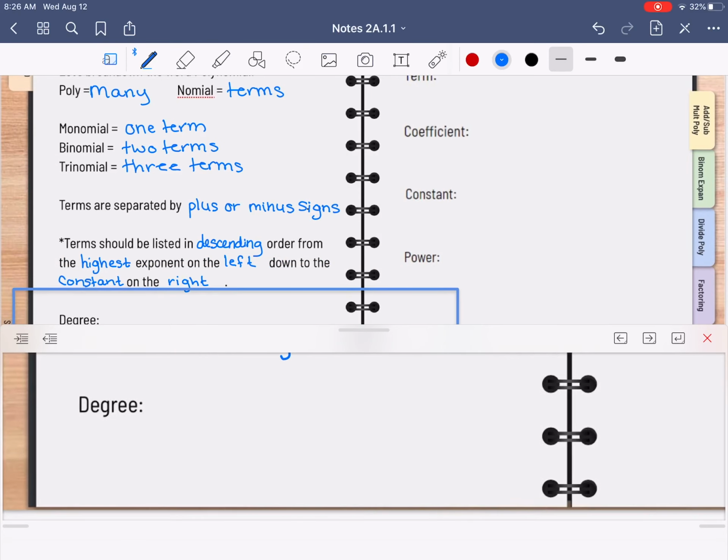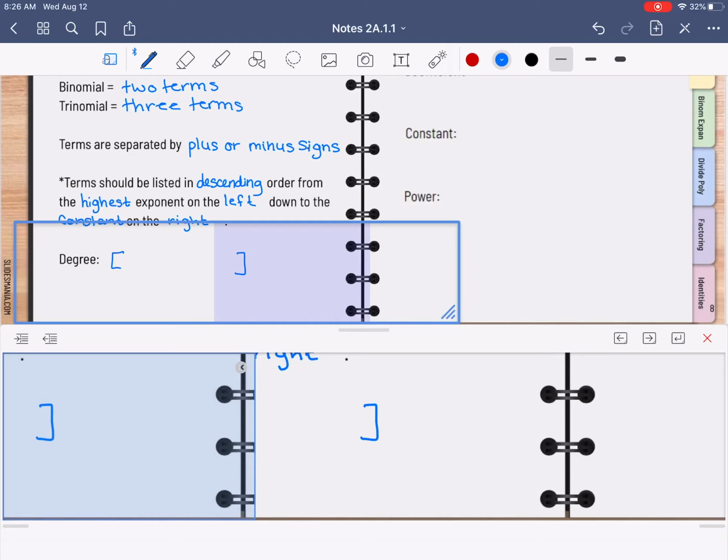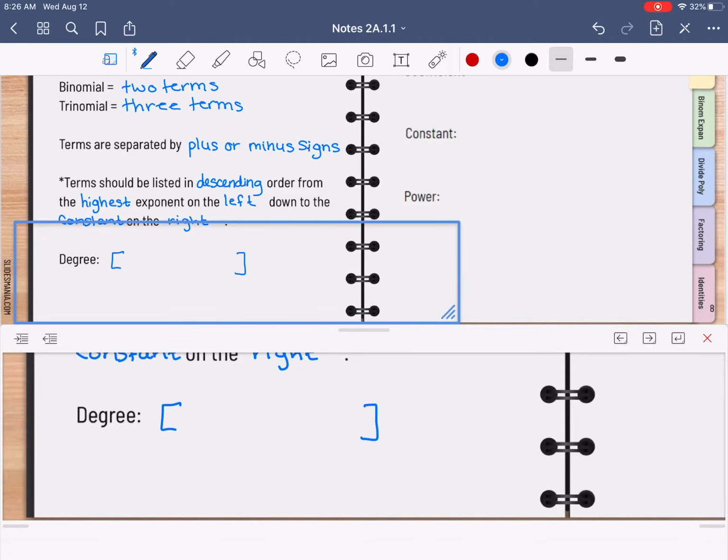All right, the next 6 things we have are just vocabulary words, and you have a little box with little brackets around it that says enter text here. You can just type right in that little box.